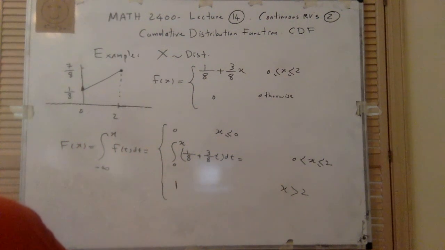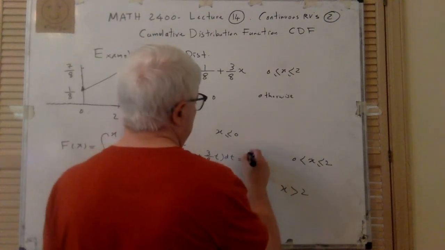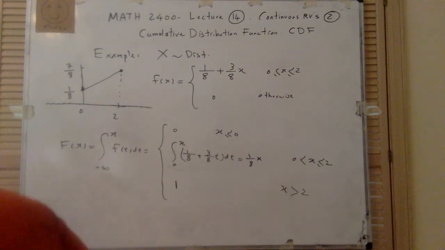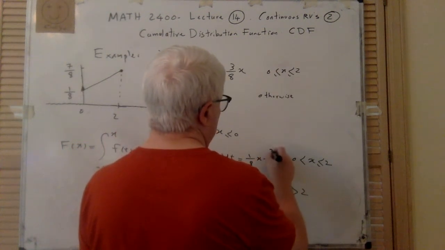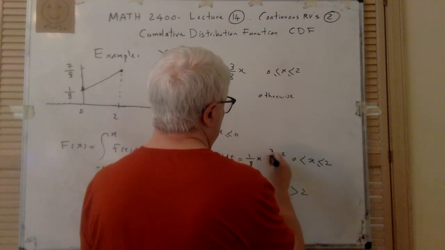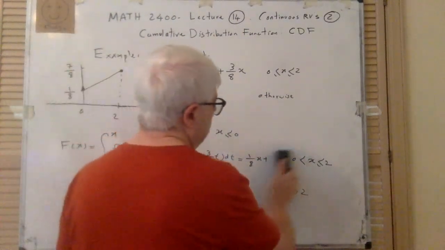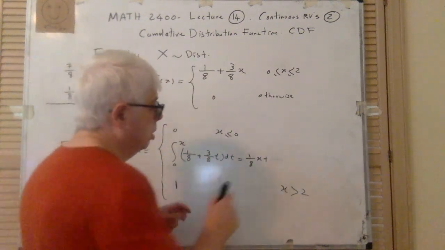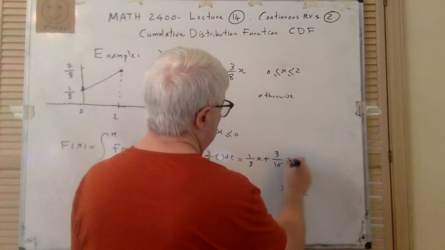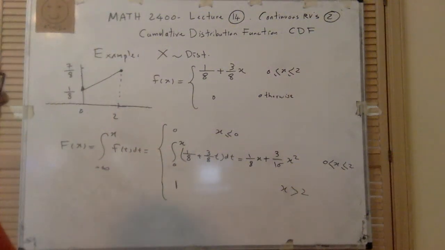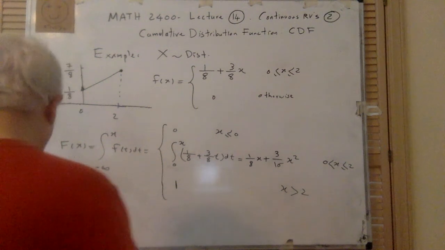I think I have the answer here: 1/8 x plus 3/16 x squared. So that is a nice and simple example.